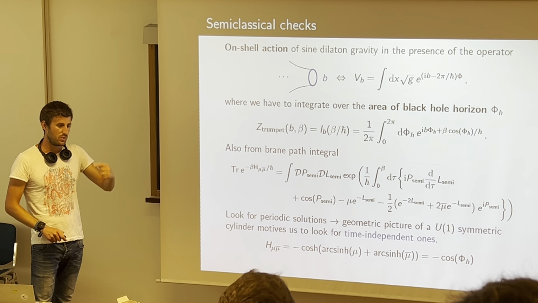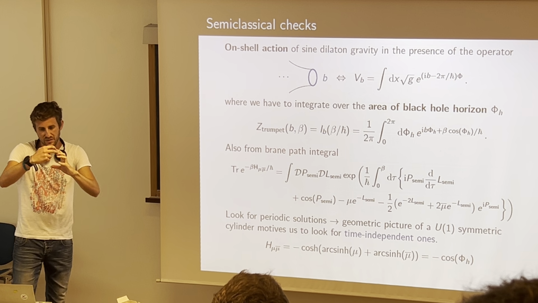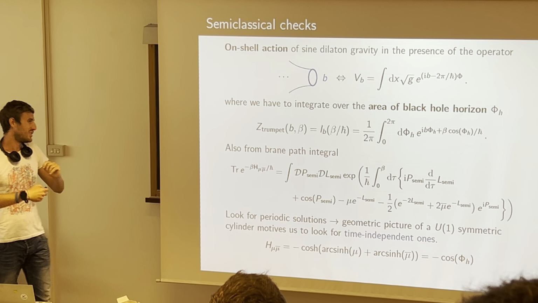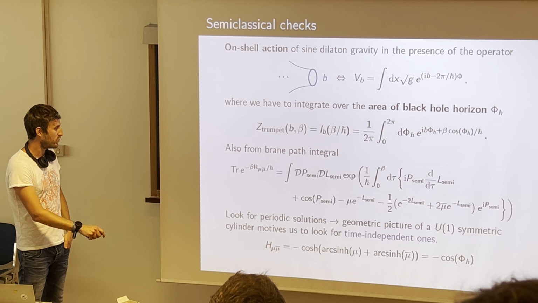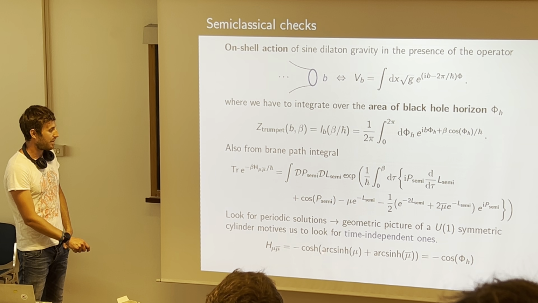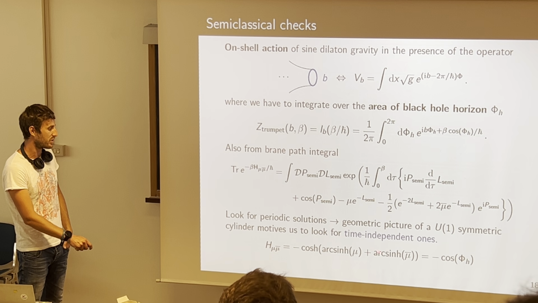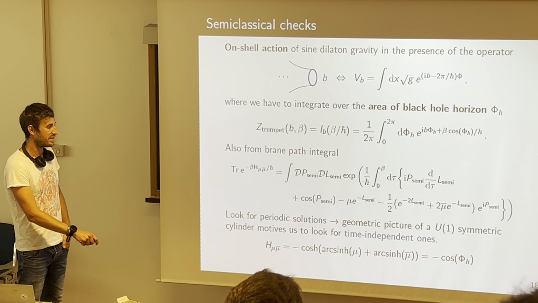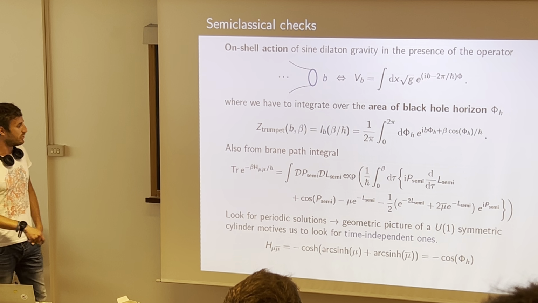And in particular, I will look for time-independent ones because I want to construct this U(1) symmetric cylinder. And if I plug the solutions back into the action, then I find this particular Hamiltonian, which, as you can see, depends on this particular gauge invariant combination that I was mentioning before. So it's reassuring that we get the same gauge invariant combination that we obtained before.